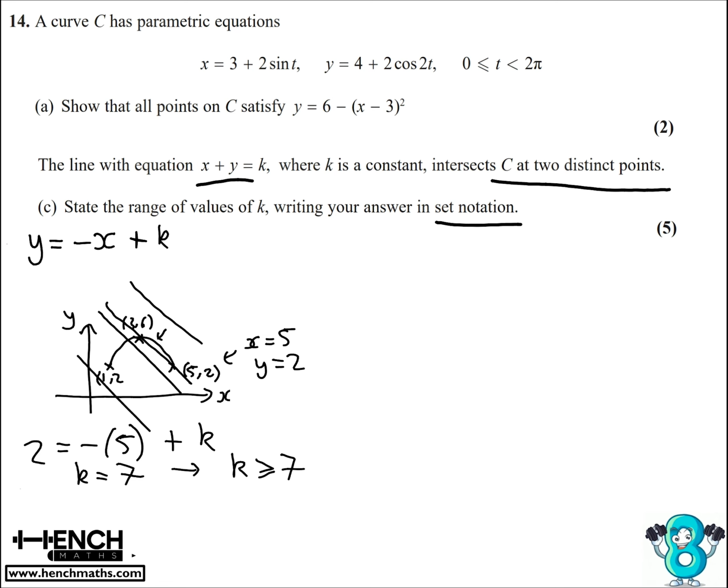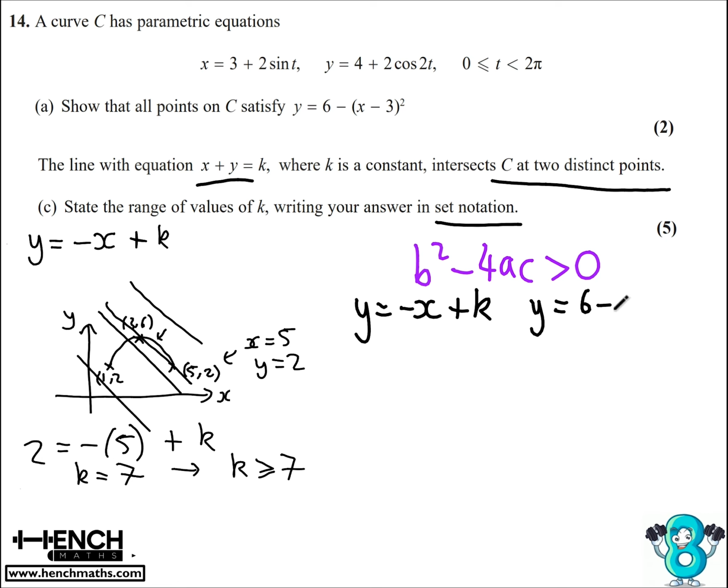So we know if we get more than one solution, more than two intersections, that tells us that b squared minus 4ac is larger than 0 if you get two solutions. So we have y equals negative x plus k, and we also have y equals 6 subtract (x minus 3) squared.